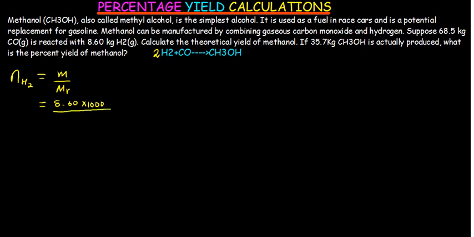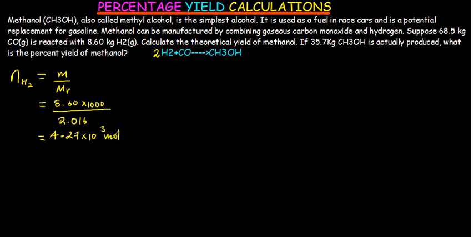The molar mass of hydrogen, of course hydrogen is a diatomic gas, so the mass on the periodic table you multiply by 2 to get the molar mass, and that is 2.016. Let's see what we get. When we perform the calculation, we get the number of moles of hydrogen as 4.27 multiplied by 10 to the power 3 moles.